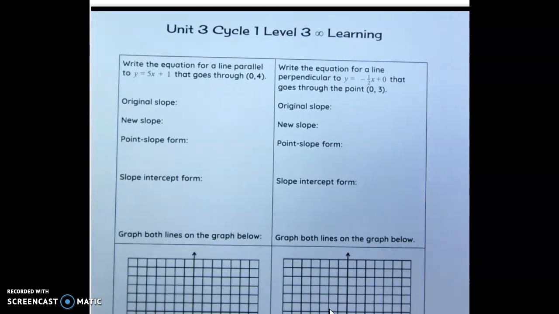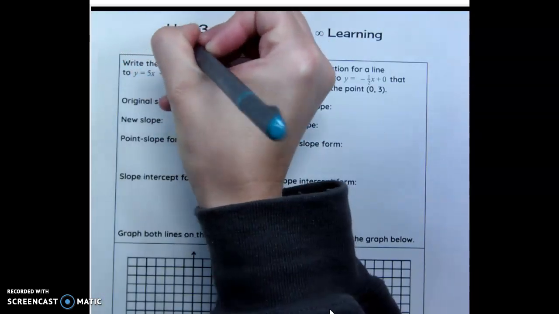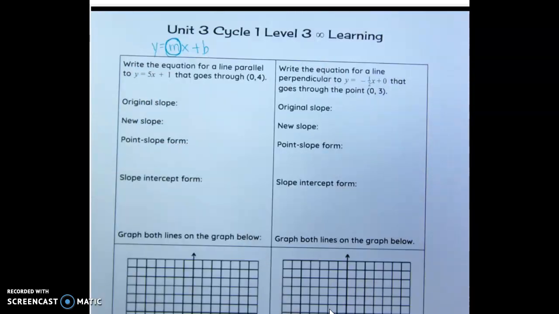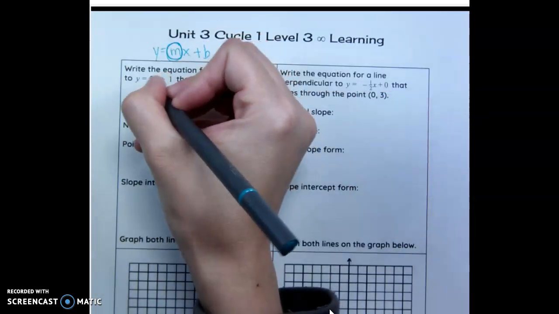Write the equation for a line parallel to y equals 5x plus 1 that goes through the point 0, 4. Okay, what's my original slope? Now, in y equals mx plus b, m is our slope value. So my original slope from this equation is 5.